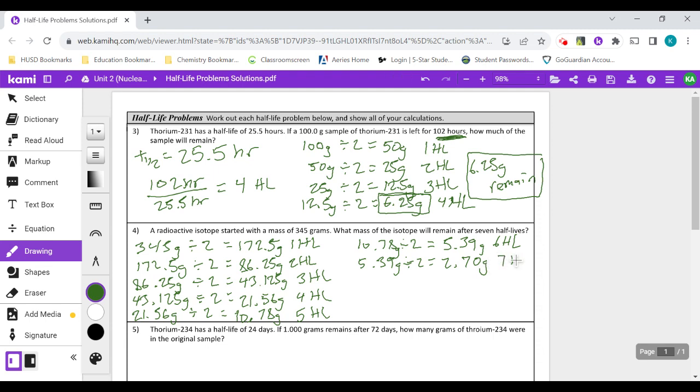That's 7 half-lives. So 2.70 grams will remain.